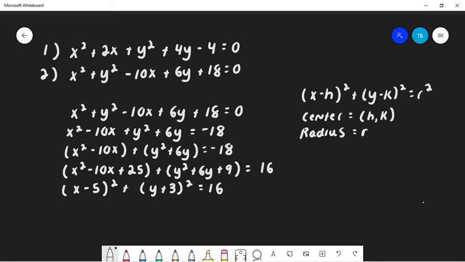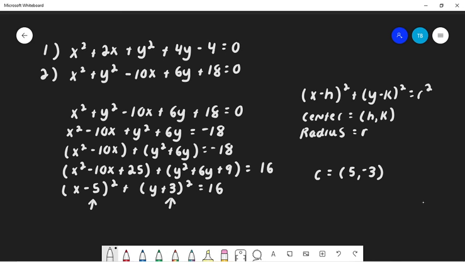All right, now we're going to find the center and the radius. So the center, remember, is h comma k. So we look at the second term in each of the binomials. So that would be here and here. And it's always going to be the opposite sign of whatever is in the binomial in this equation. So the center is going to be a positive 5 and a negative 3 because we have x minus 5 and y plus 3.